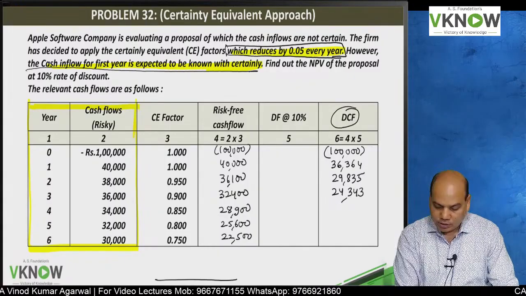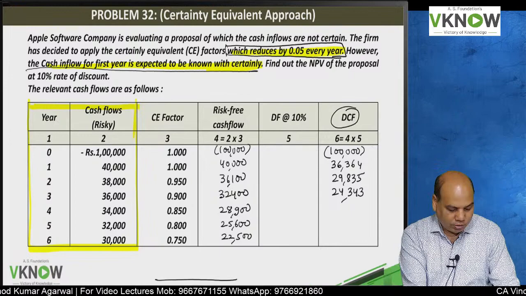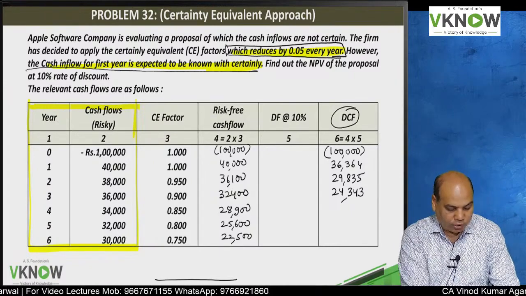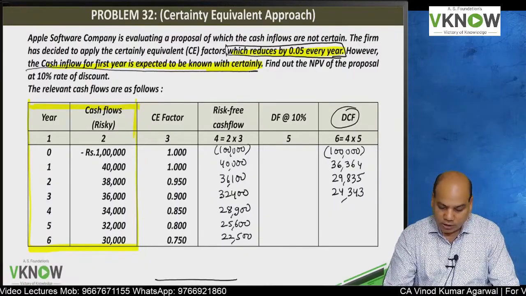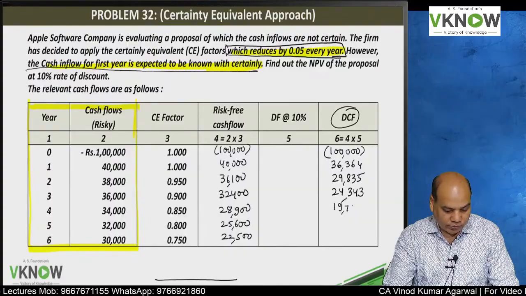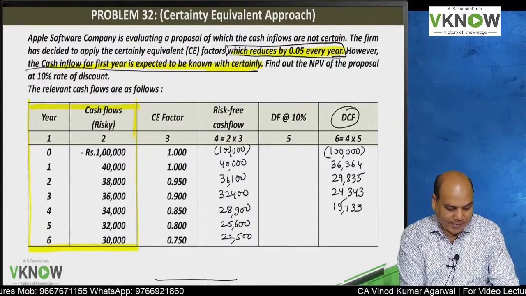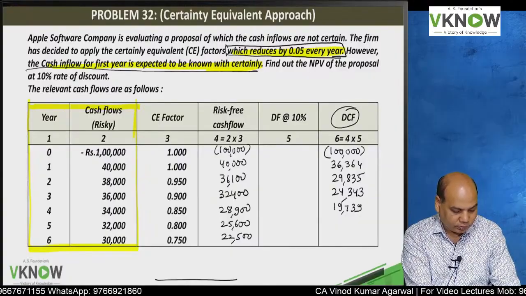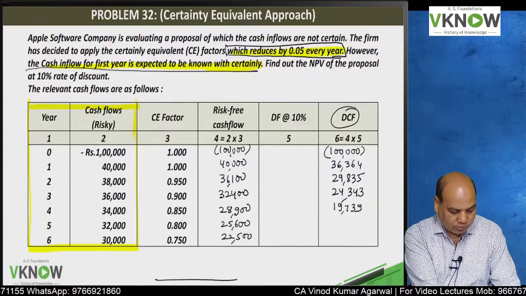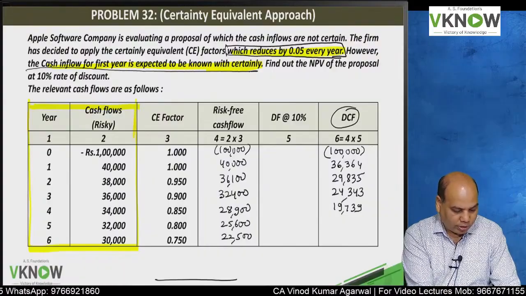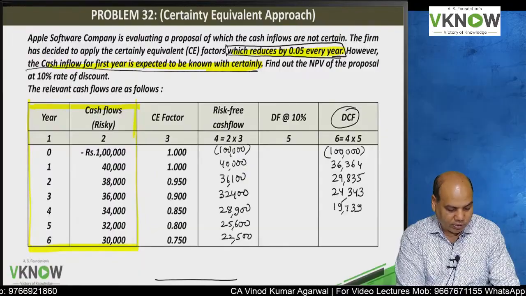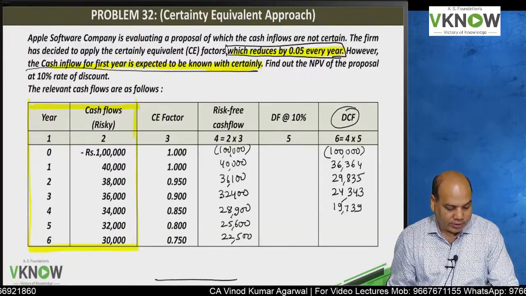Then next is 28,900 divided by 1.10, 4 times equal to memory plus 19,739. The next 25,600 divided by 1.10, 5 times equal to memory plus 15,896.